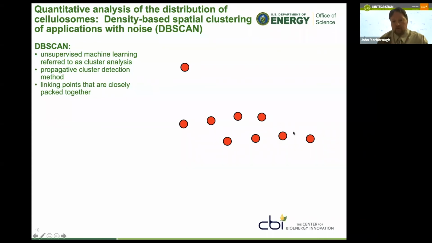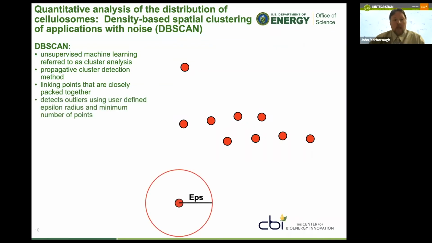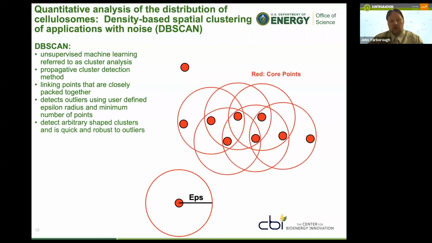Take, for instance, here we have some fluorescent events that we're going to find as a CBM3 molecule. We use DBSCAN, and it can detect outliers using a defined epsilon radius and a minimal number of points. As the algorithm goes, based off of the criteria we give it, it can detect arbitrary shaped clusters and is quick and robust to outliers.